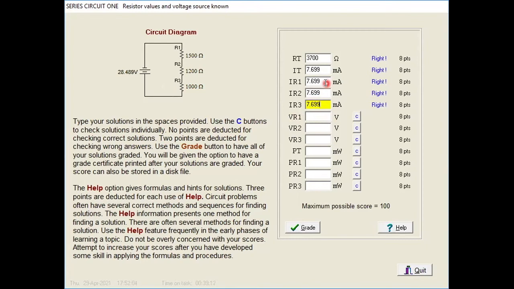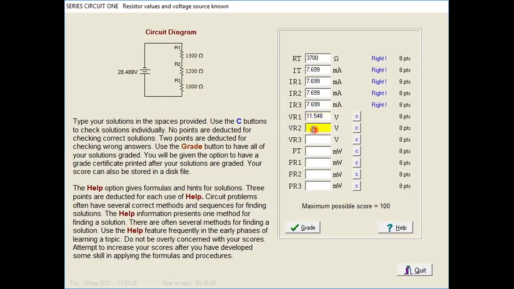And we're going to multiply that by the resistance of 1500 ohms. So VR1 will be 7.699 milliamps times 1,500 ohms, or 1.5 k ohm. And that is going to give me a voltage drop of 11.548 volts.